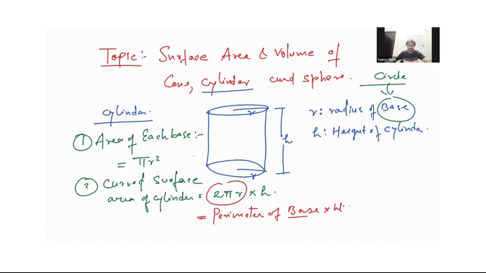We know the base is a circle and the perimeter of a circle is 2 pi r. So the curved surface area means the base perimeter into height.